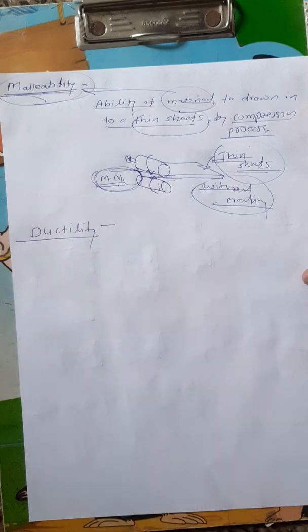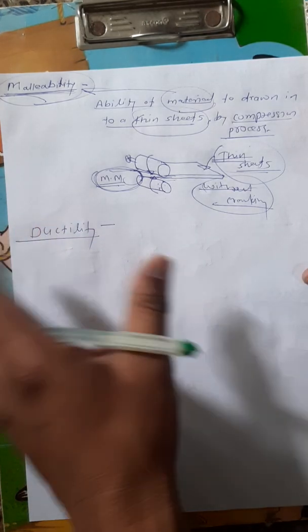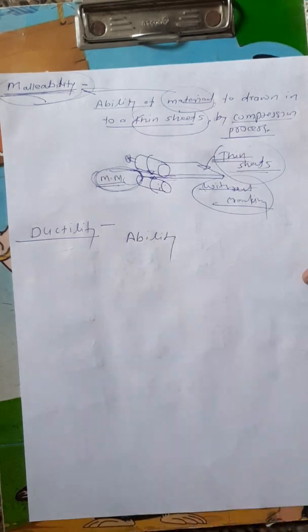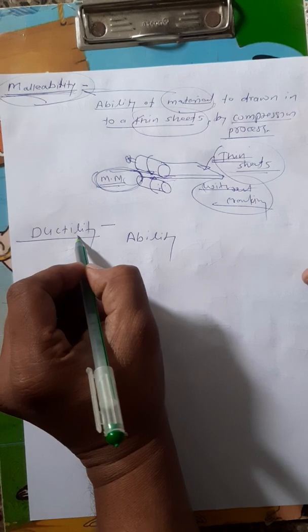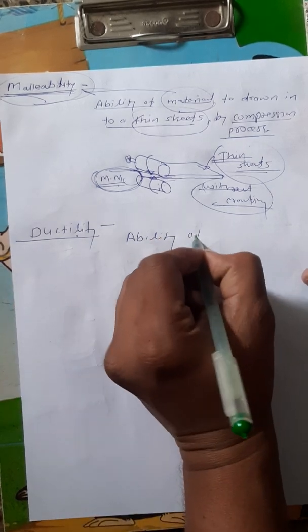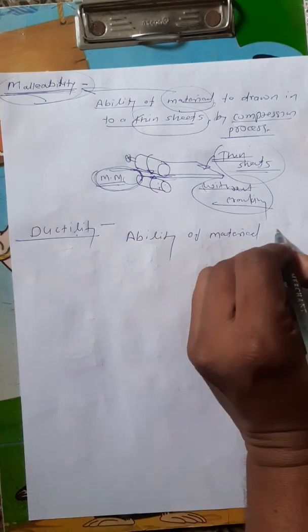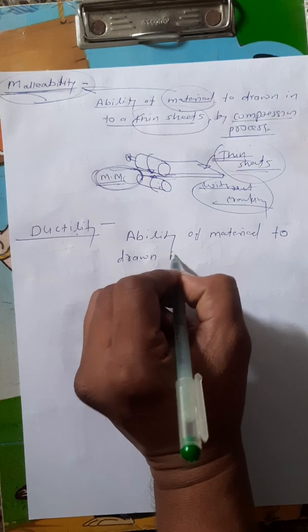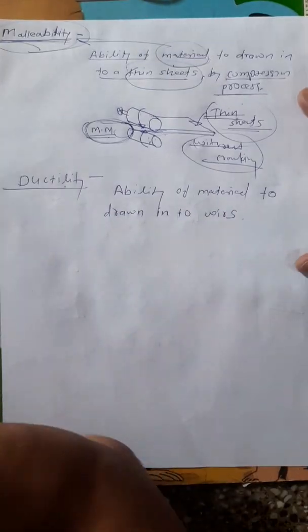Now our next mechanical property is ductility. This is also an important property. So what is ductility? Ductility is again the ability of a material, but here to be drawn into wires.